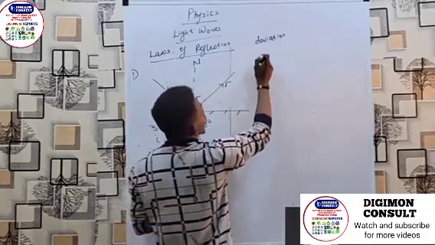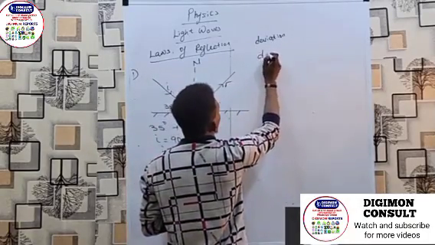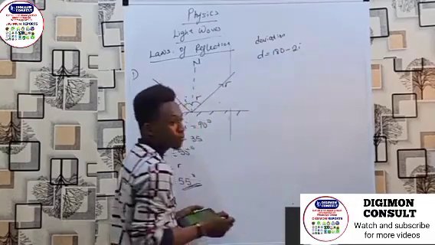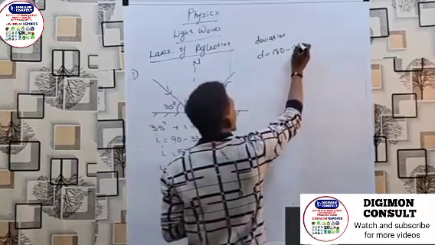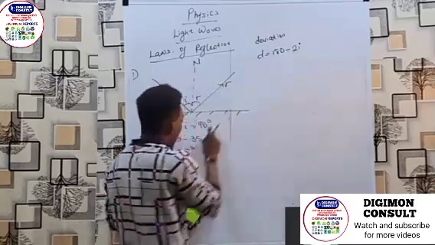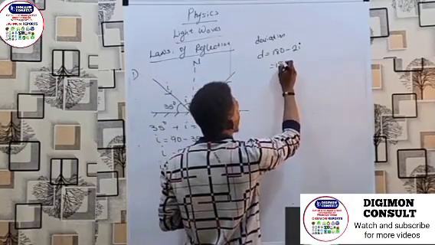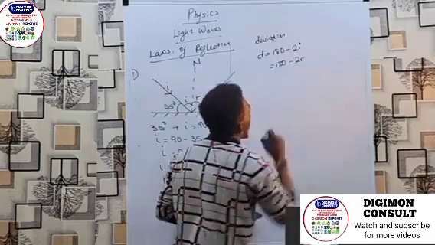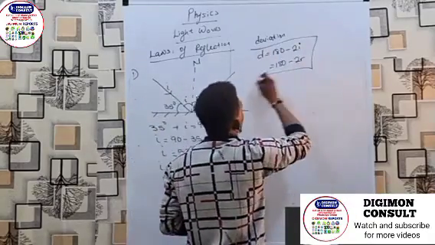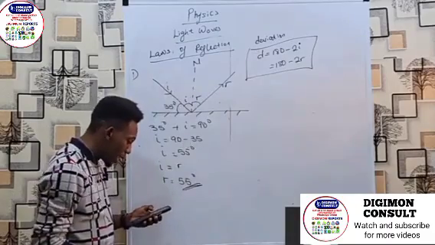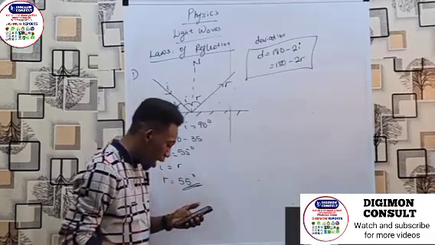To get this angle of deviation, there's a simple formula: deviation equals 180 minus 2i. And since you know i equals r, then it shall also be 180 minus 2r. That gives you the angle of deviation of the ray when the mirror has been turned.